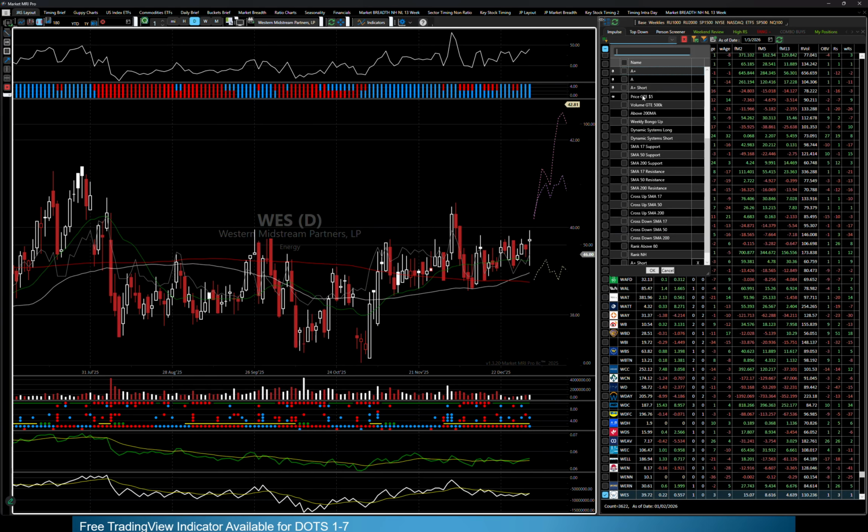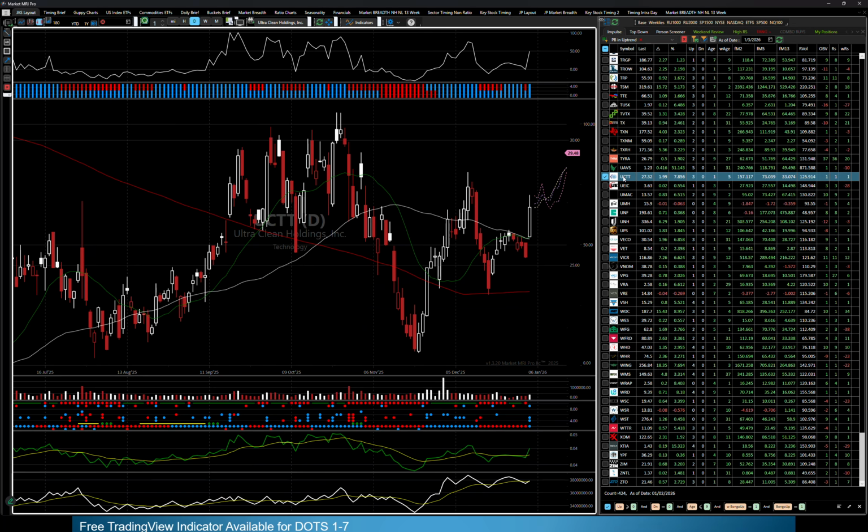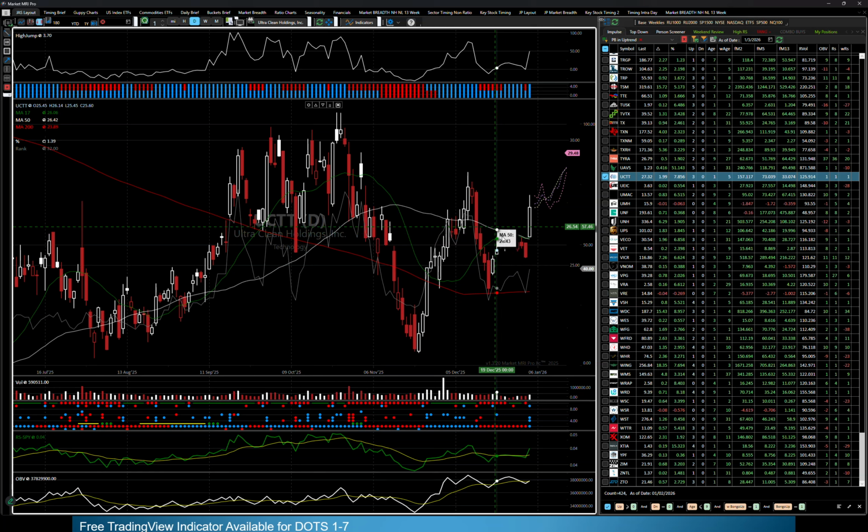If I want to look for pullbacks in an uptrend, which I've previously defined as a stock in an uptrend, so the weekly is blue, but the daily flipped to red, I should see weekly is blue. Here's your pullback, and there's a red daily flipping back to blue.